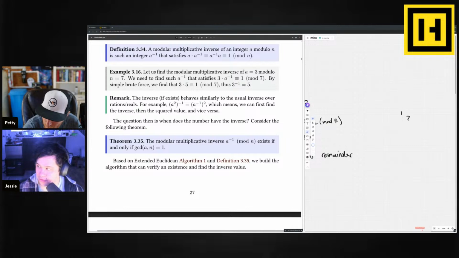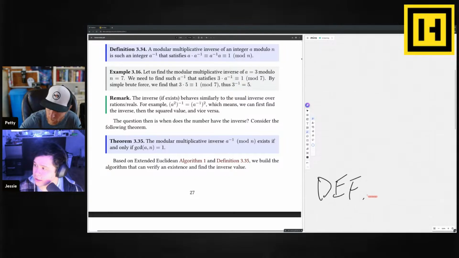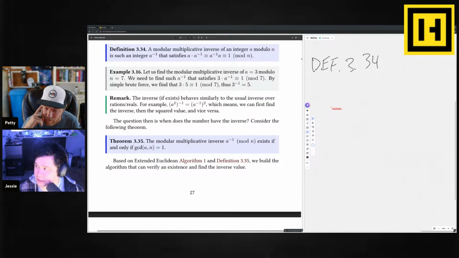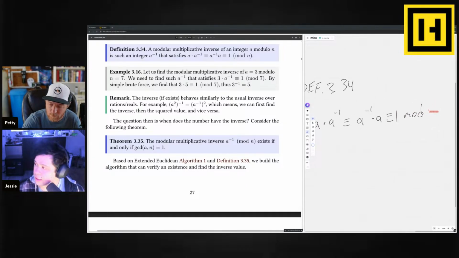I have more of a beef with the way that it's structured. For instance, you see what I'm writing here, definition 3.34, right? The definition is A times A inverse is congruent to A inverse times A is congruent to 1 mod n.